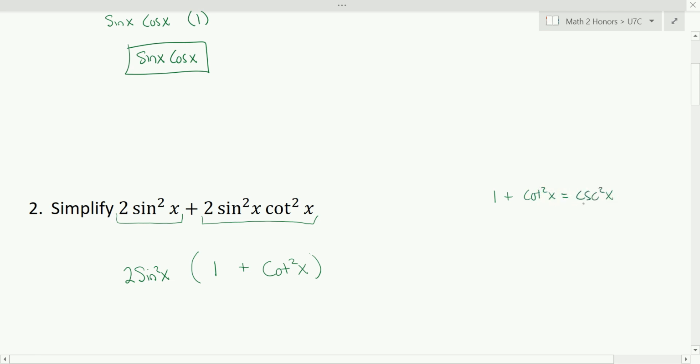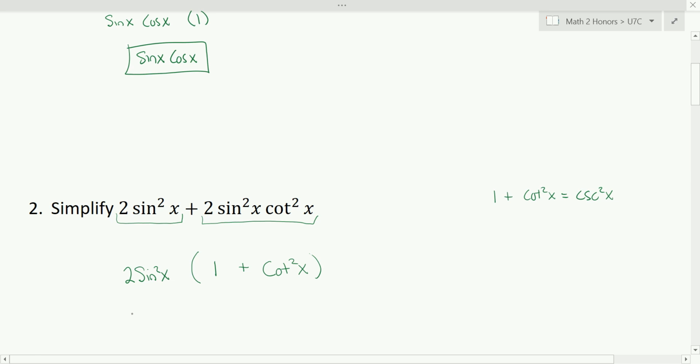And if you get confused, like does cotangent go with secant or cosecant? Think about if you were to change those in terms of sine and cosine, what would the denominators be? And they need to match. So in both cases, the denominator would be sine. That's why they go together. And same with tangent and secant, they would go together because of that.